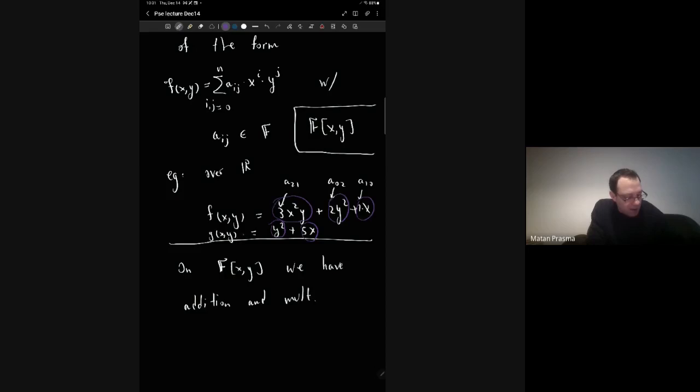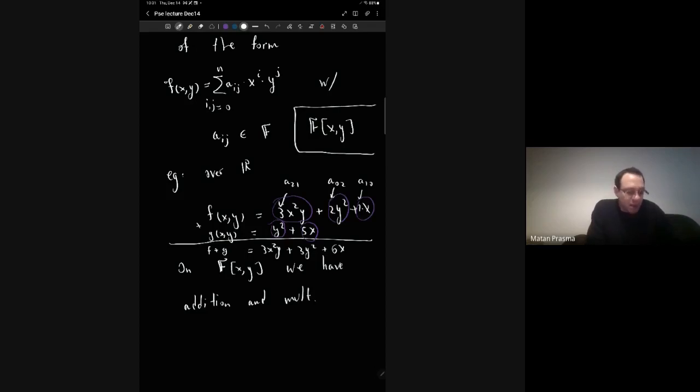And in the case that I have monomials of the same type, I simply add the coefficients if I want to add them. So if you add these two polynomials, you will get f plus g is 3x squared y plus 3y squared plus 6x.